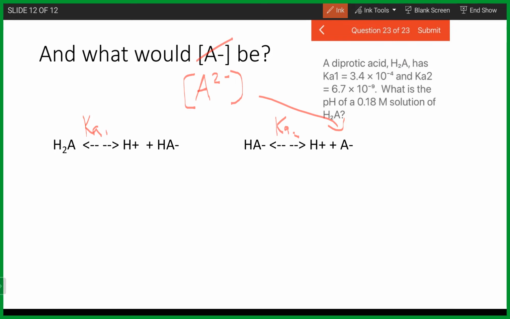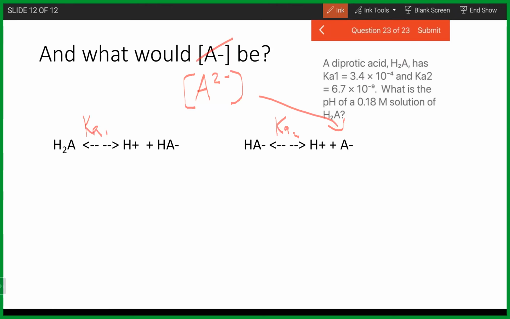And if we look at those values, times 10 to the -4th for the first one, times 10 to the -9th for the second one. So that first dissociation is going to occur much more readily by an order of 5 orders of magnitude.